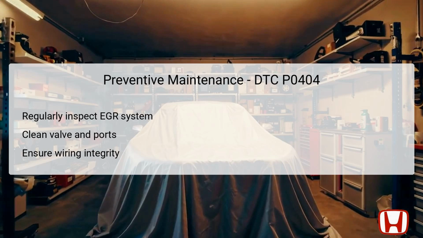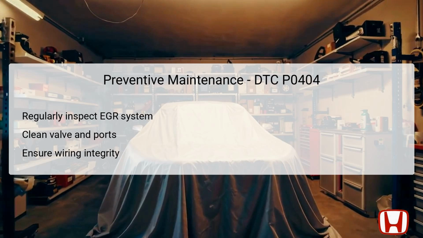Preventive maintenance plays a significant role in minimizing future occurrences of DTC P0404 and ensuring the EGR system operates optimally. One of the key strategies is to regularly inspect the EGR system for any signs of wear, corrosion, or misalignment. Clean the EGR valve and its ports periodically, as accumulated carbon can inhibit proper functionality.